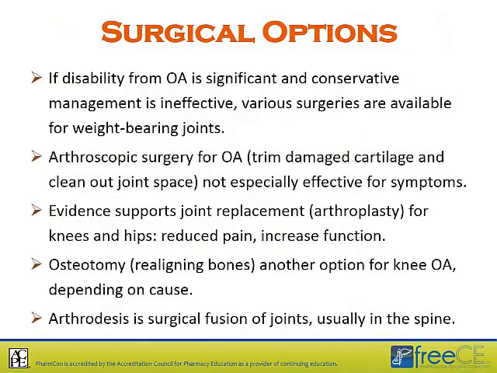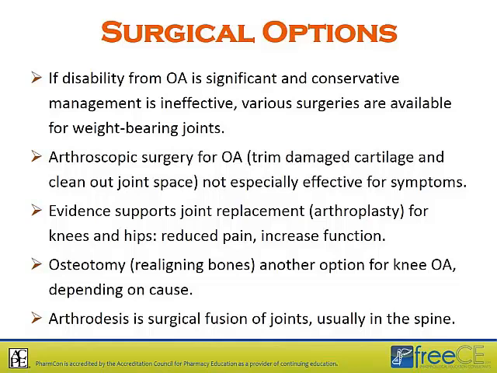If the disability, either due to the pain or joint destruction from OA, is significant and conservative management via medications or natural remedies is ineffective, there are various surgeries available for the weight-bearing joints.